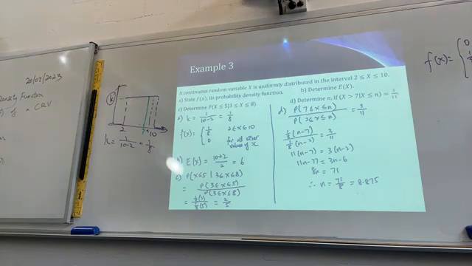If there's no mention of 2 or 3 decimal places, I don't think they can mark you wrong for giving 2 decimal places. In this case, you're looking for n. n is 8.88, that's fine. If you write down 2 dp, or just give it as the exact value, which is 71 over 8, either one is fine.